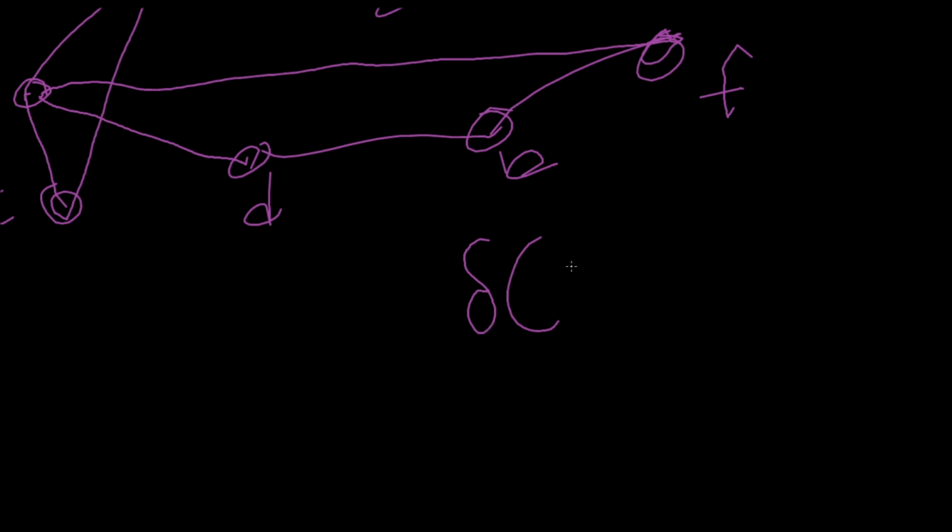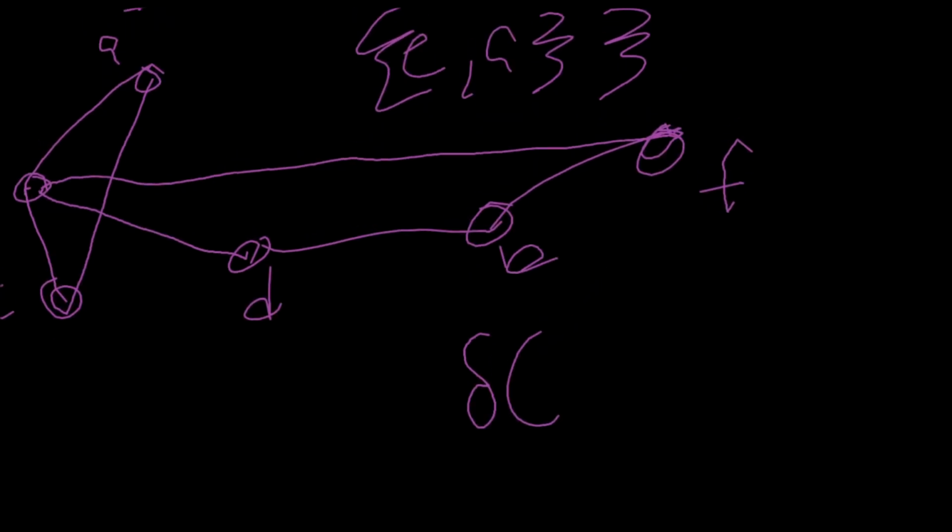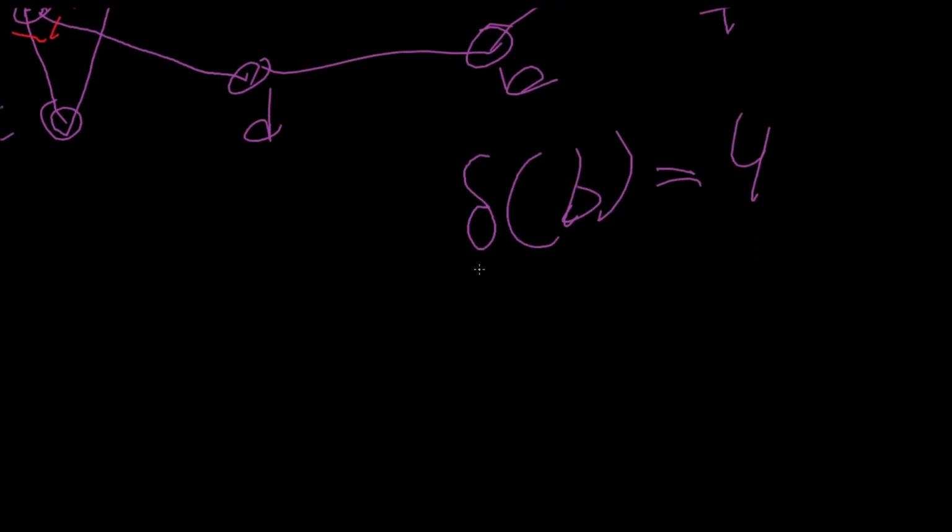So in this case, the valence of B will be equal to 4, since it is connected to 1, 2, 3, 4 different edges, and the valence of D will be equal to 2, since it is connected to 2 different edges.